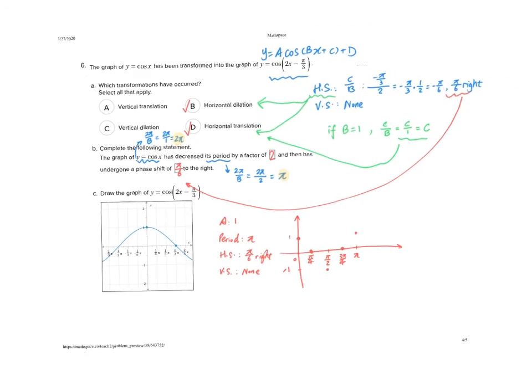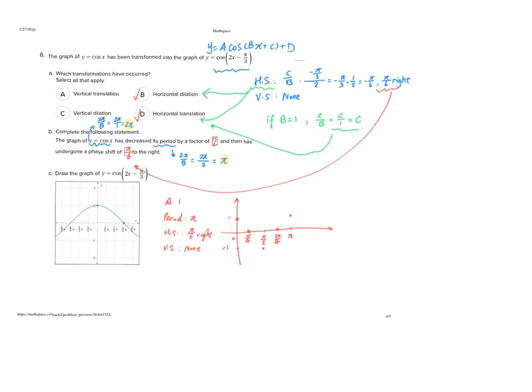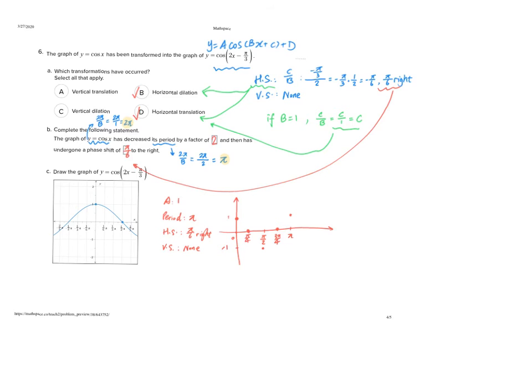I have to make everything smaller to have space to find the horizontal shift. For the horizontal shift, I want to do a table showing the original points and my final points after transformations.